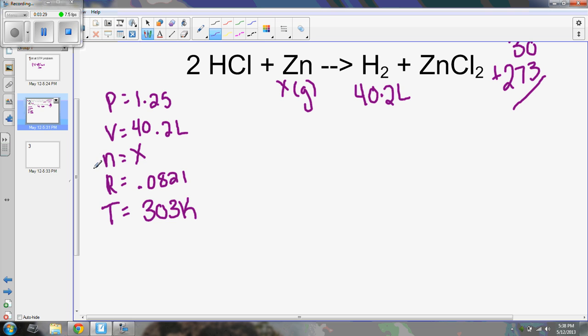I'm going to scroll down here. I have all my variables written down. Now I want to plug them into the equation PV equals nRT and write them in like that. This is a good time to pause and try to put the equation together and solve for N by yourself. So go ahead and pause and try to solve for N. And when you come back, you can press play and I'll work it out for you.